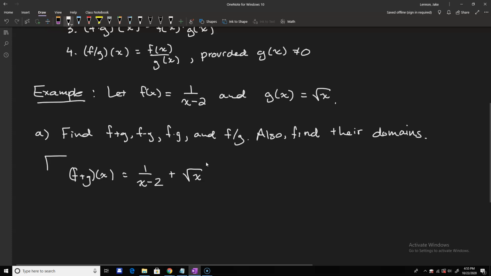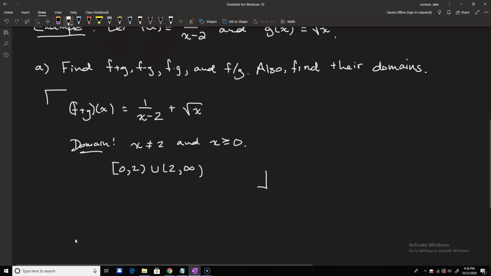The domain of this function, notice x cannot equal 2, because of the division by 0 caused in the first term, and from the second term, we know that x has to be greater than or equal to 0. So we need x cannot equal 2, and x has to be greater than or equal to 0. In interval notation, this would look like 0 to 2, unioned with 2 all the way to infinity. So that would be the domain there.